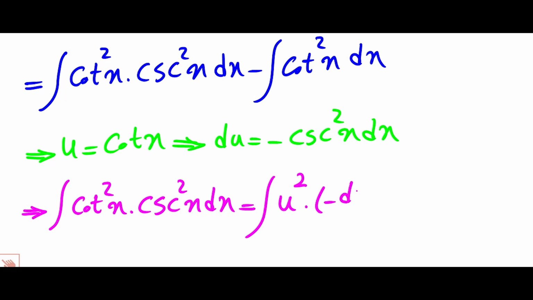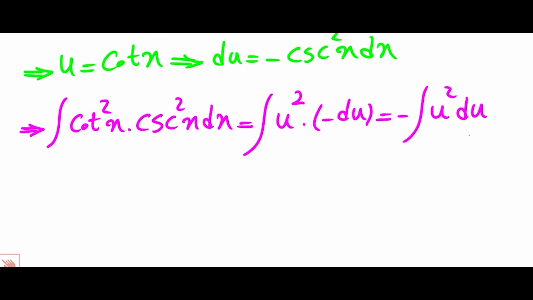So we have negative u squared du, and if we use the power rule, we have negative 1 over 3 u cubed plus c, and u is cotangent x.